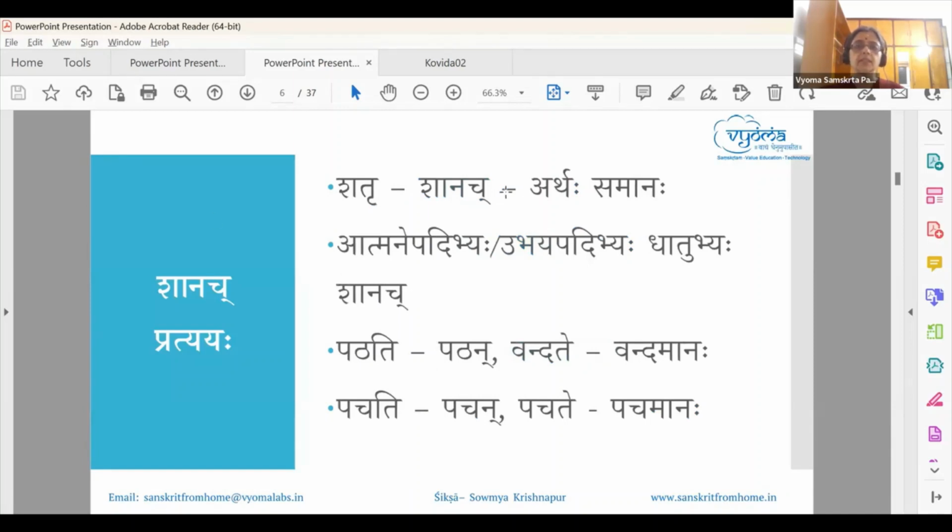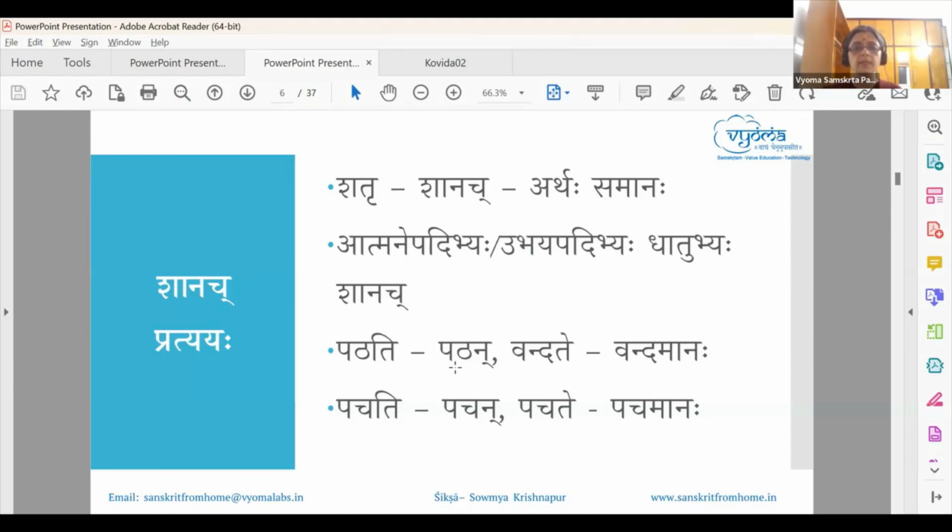So Shatra and Shanaj, arthaha samanaha. Atmanepadebhyaha, ubhayapadebhyaha dhatubhyaha Shanaj upayujyate. So with Atmanepadi dhatus and Ubhayapadi dhatus. In Ubhayapadi, when you are using the Atmanepada form, we can use the Shanaj Pratyaya. For example, pathati, pathan.